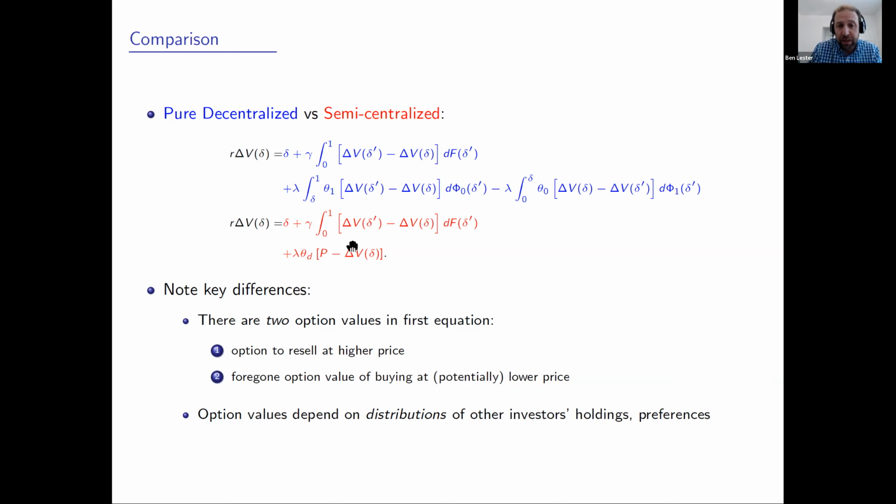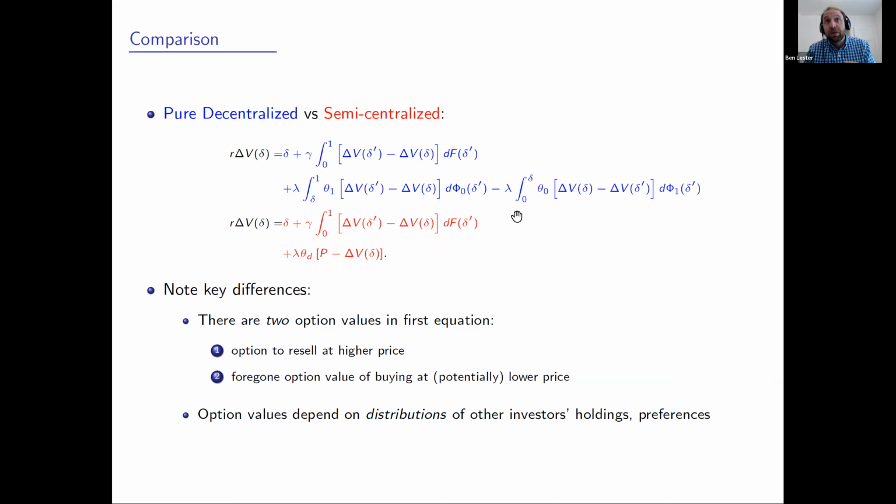So the first two lines are identical. Of course, in a semi-centralized market, you do have the upside of acquiring an asset that you might be able to sell it to a dealer at a different date, but you don't have this last term here because there is no price dispersion in that model, right? So there's no option value of not buying now.